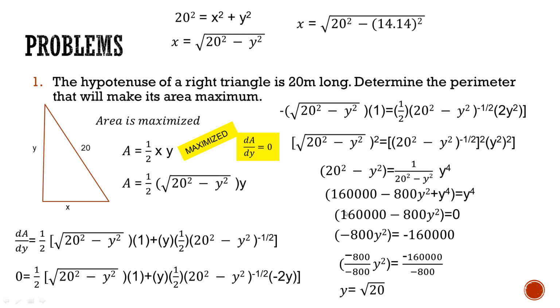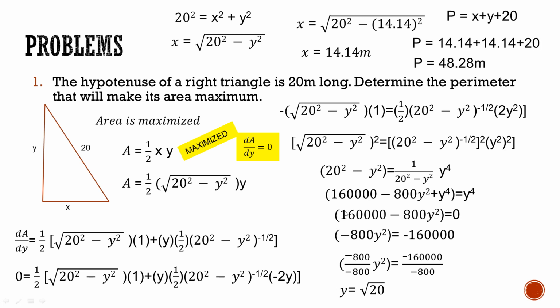So, if you substitute that in the function of x a while ago, 14.14, we'll find out that x is also 14.14. And then perimeter is equal to x plus y plus 20. So, just add the values. We have 48.28 meters. So, this is the y from earlier, y is equal to 14.14 meters.